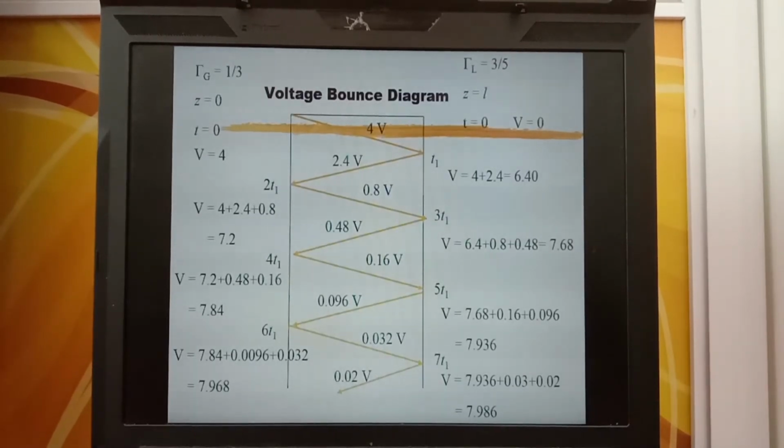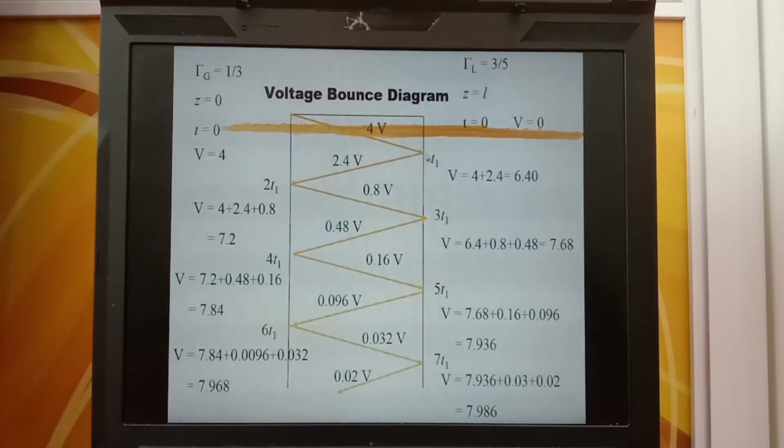Let's draw the voltage bounce diagram. Initially the voltage that is transmitted into the transmission line, V0, is 4 volt. This 4 volt transient voltage travels towards the load and reaches the end at time t1. Due to impedance mismatch, we have a reflection coefficient of 3/5.